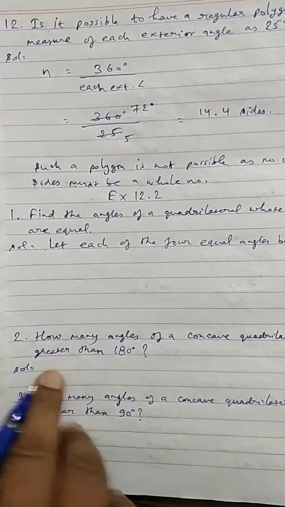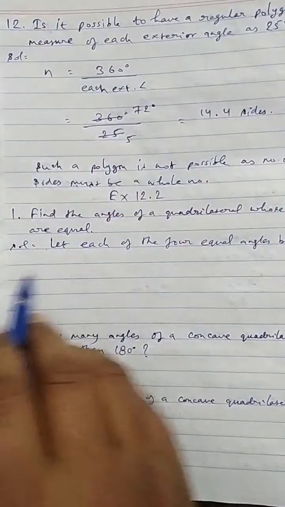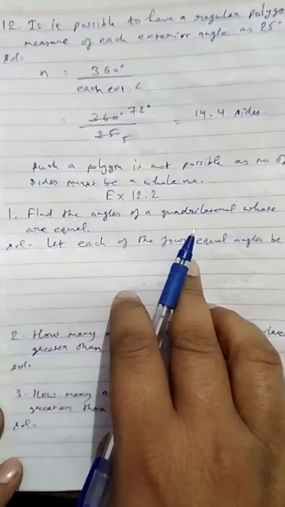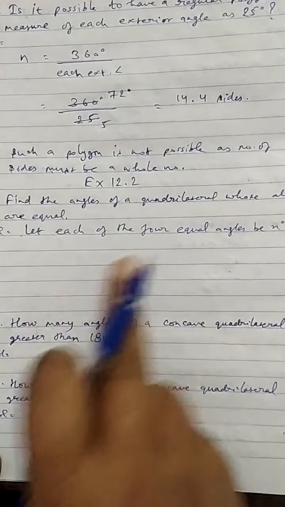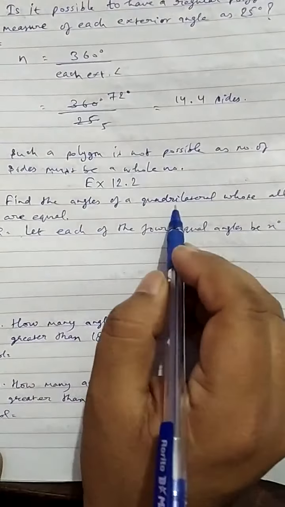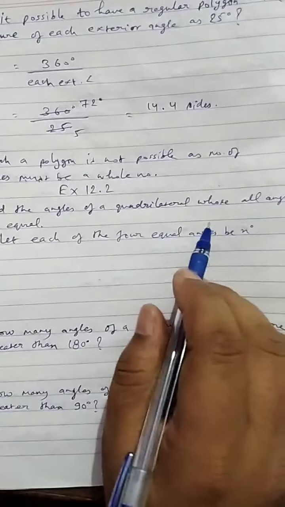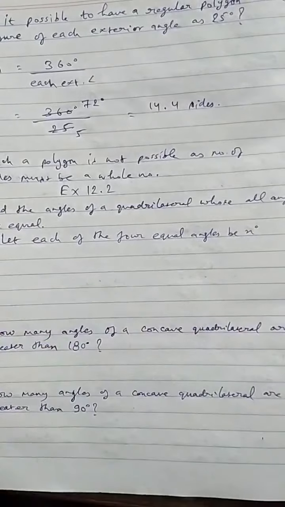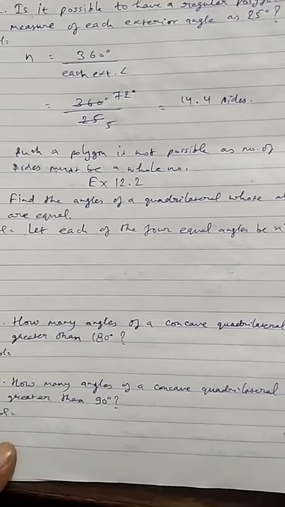Now let us start exercise 12.2. First question is, find the angles of a quadrilateral whose all angles are equal. So you know that a quadrilateral has 4 angles, and when the question is saying that all angles are equal, let each of the 4 angles be x degrees.